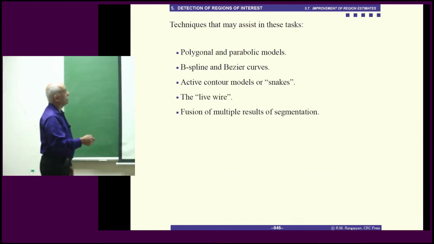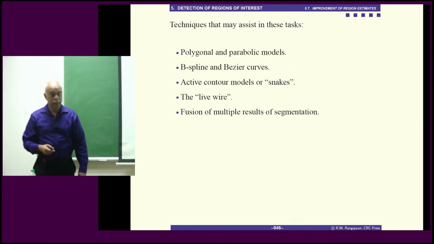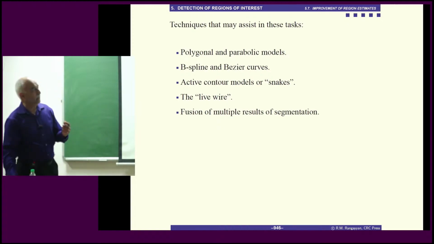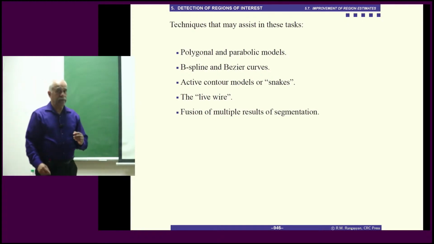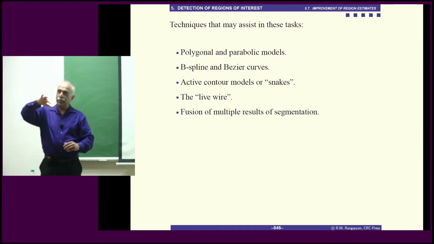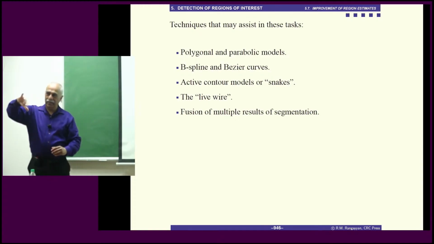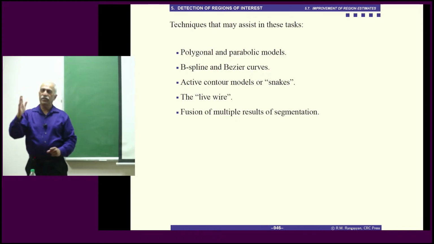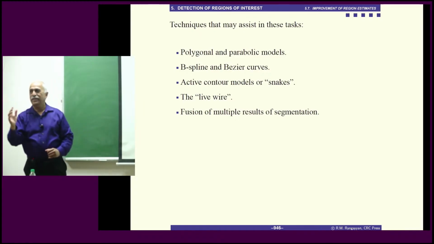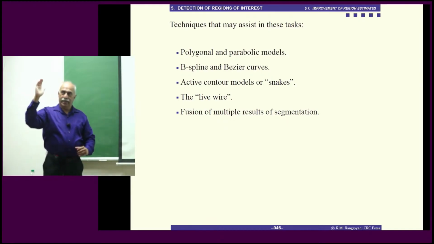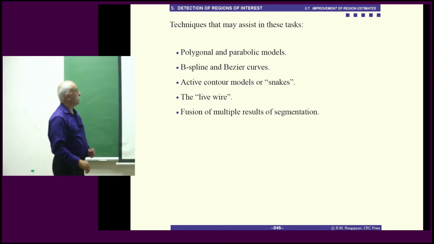Active contour models or snakes, we will see that later. The live wire was a method proposed by Udupa and his colleagues, where they said you mark some points and then the contour that is obtained is required to include those points in the process. So they guide the detection process to say you must include these points and pull certain points towards the points that they give as input or reference.